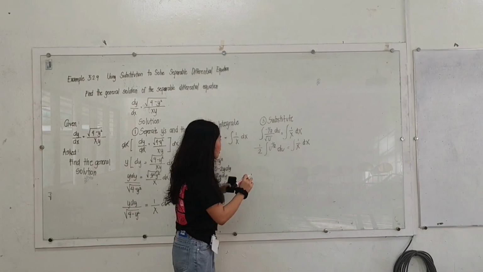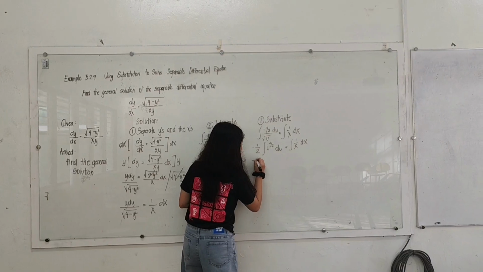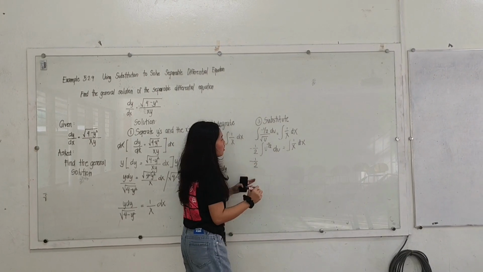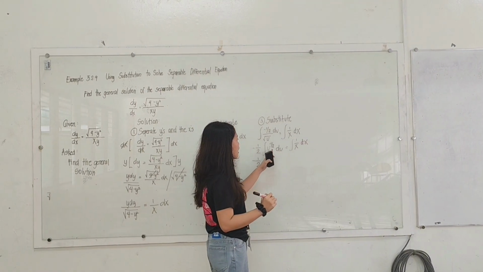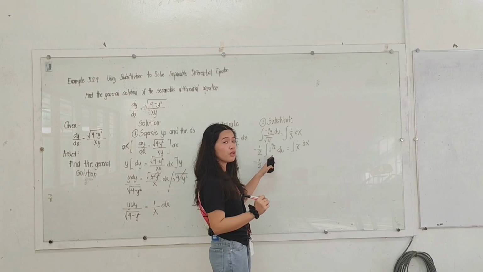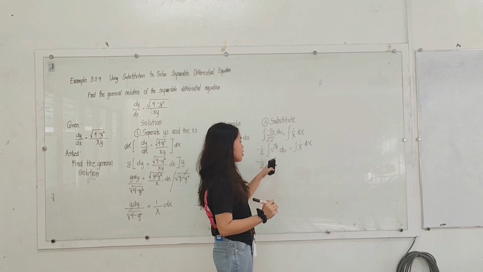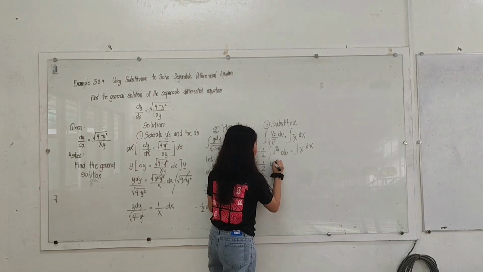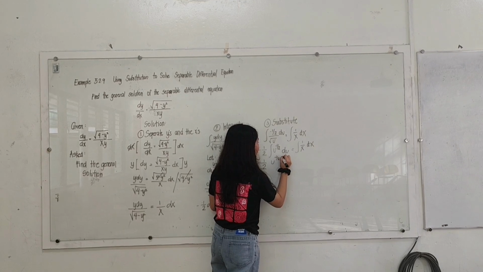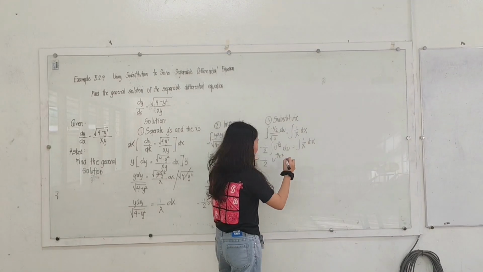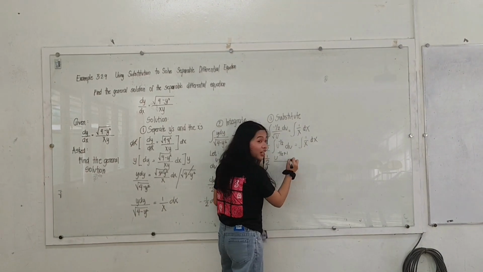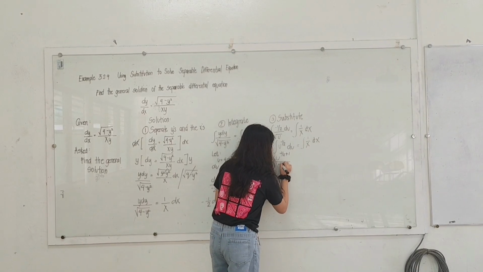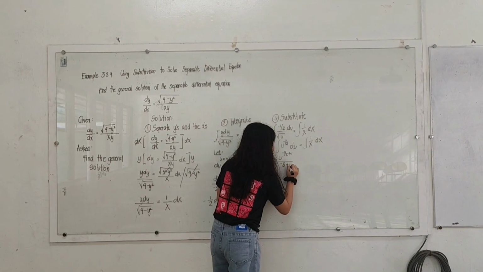Okay. So, negative 1/2. So, gamitin natin yung power rule na formula sa indifferentiation. So, this would be u to the negative 1/2 plus 1 over negative 1/2 plus 1.